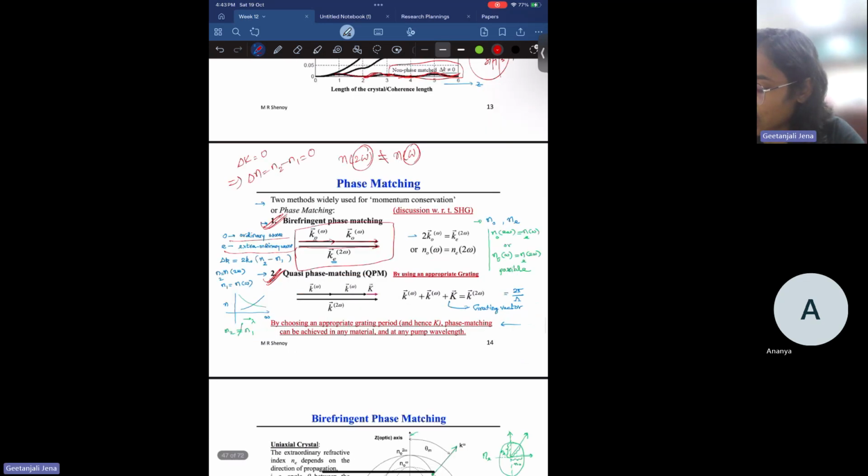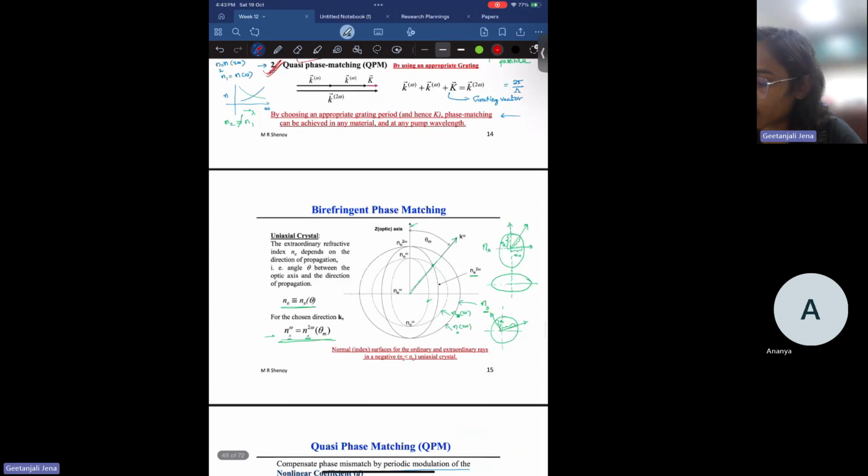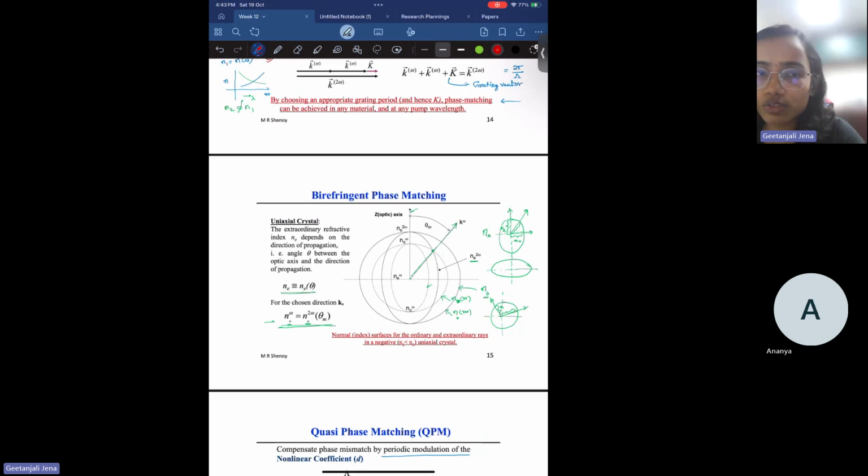Okay, so let us see how you can achieve that. Birefringent material has two refractive indices. Depending on that, we can plot refractive index surfaces according to the direction of propagation. We have different types of crystal which show this kind of behavior. One is the uniaxial crystal. This indicates the refractive index depends on the direction of propagation.